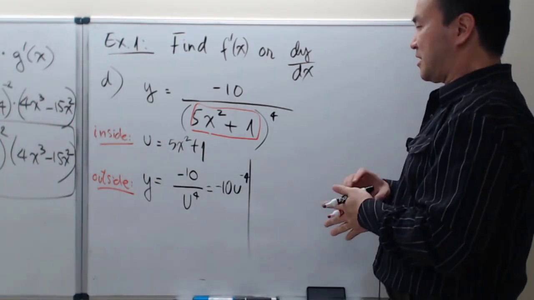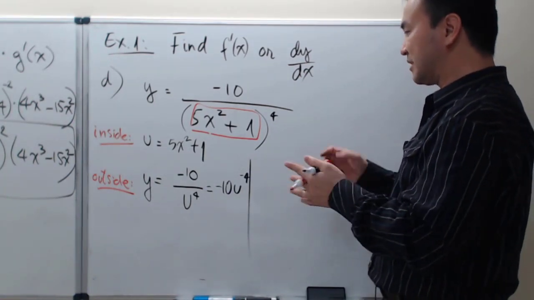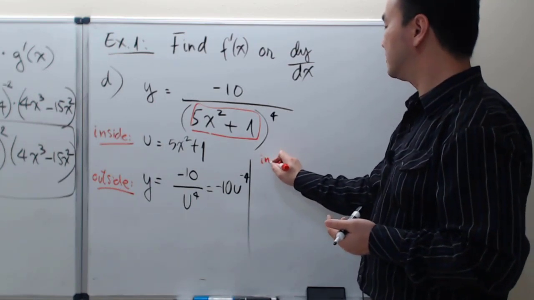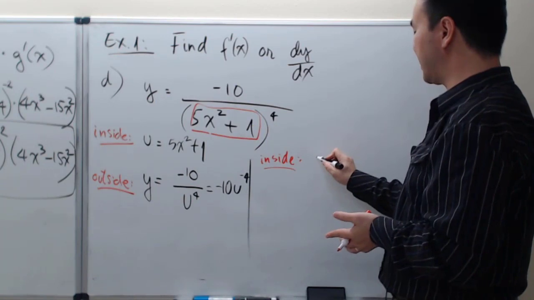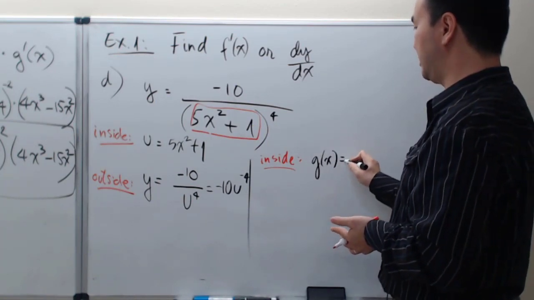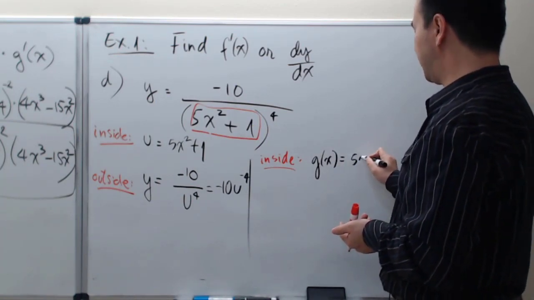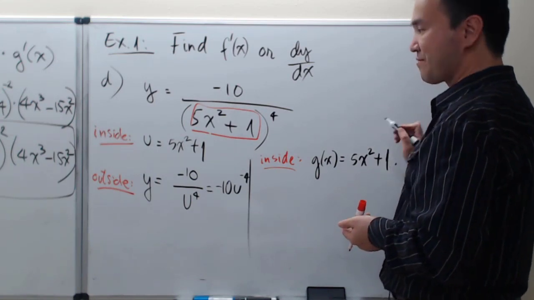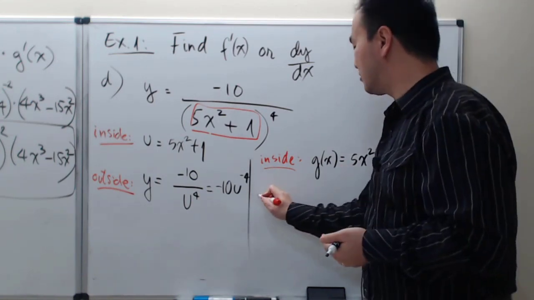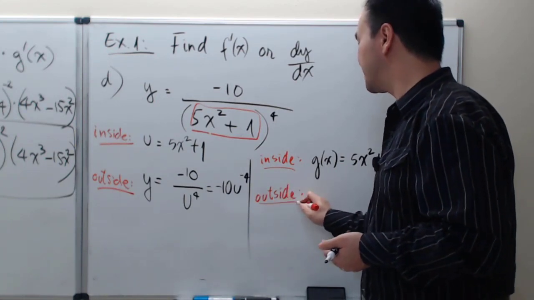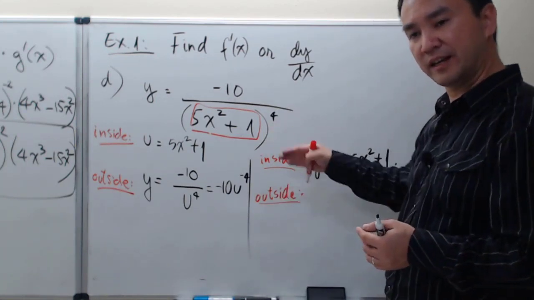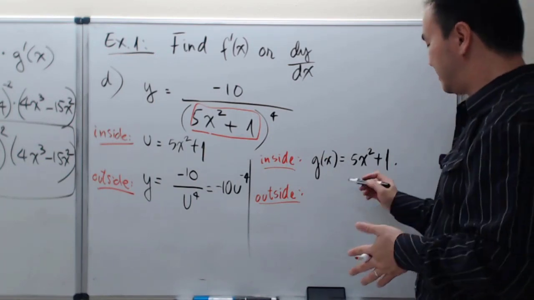And similarly, the inside function that we have chosen here can also be regarded as g of x equals 5x squared plus 1. Going this route is a little bit challenging at the step where we're recognizing the outside and the inside.